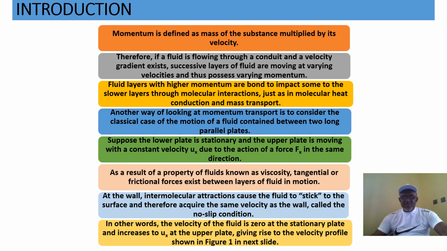So this idea of the molecules taking up the same velocity as the wall is what we call the no-slip condition. In other words, the velocity of the fluid is zero at the stationary plate and increases to ux at the upper plate, giving rise to a velocity profile as shown in the next slide.